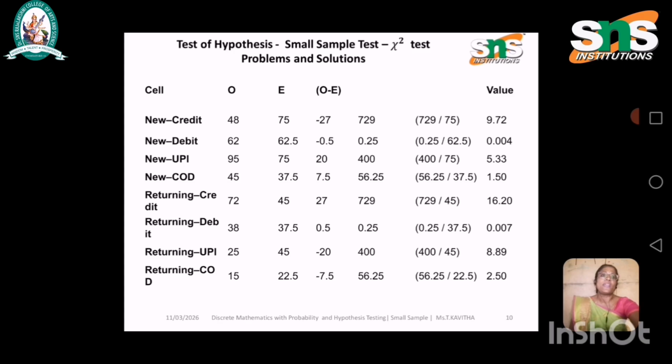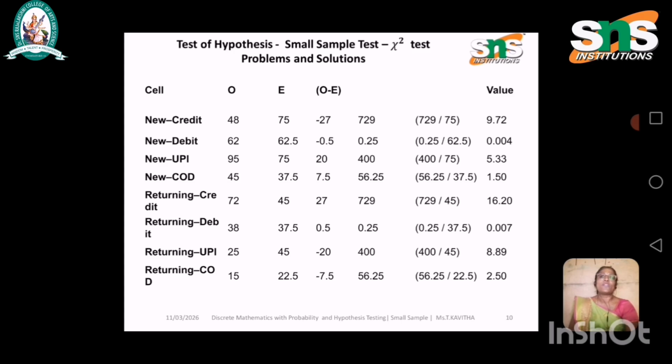The square is 27 squared, which is 729. O minus E whole square divided by E is 729 divided by 75, that is 9.72. Similarly, for new customer debit card, observed frequency is 62 and expected frequency is 62.5, so O minus E is minus 0.5, the square is 0.25, and 0.25 divided by 62.5 is 0.004.